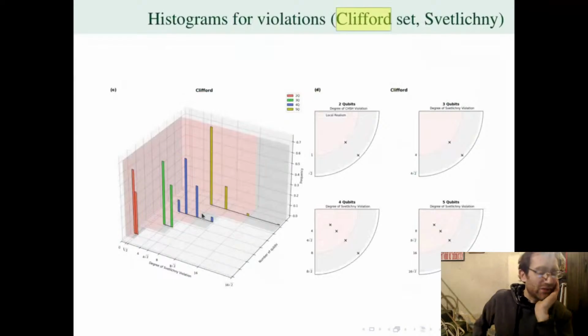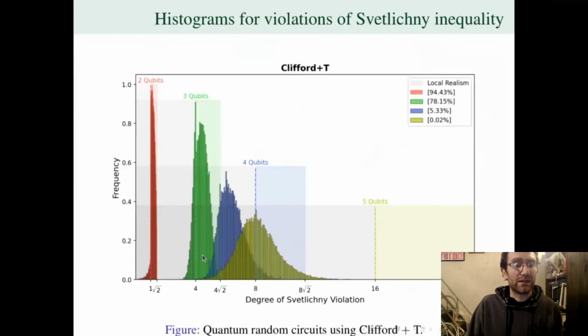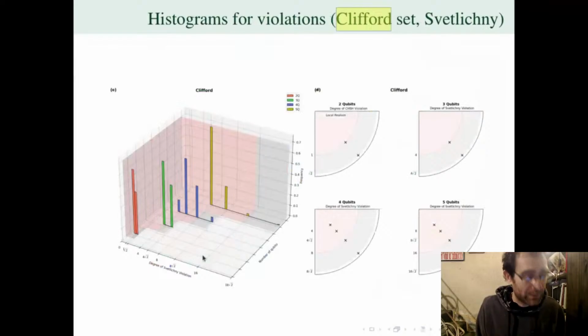Of course, this is not so surprising because the set of states that you can produce using Clifford resources is finite, and it seems that they are concentrated in some specific regions of the quantum state space. But the discreteness of this plot is, at least for me, intriguing, because there is no reason in principle that they are so concentrated in these specific points.